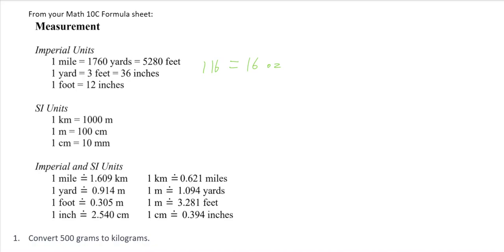And then pounds to kilograms, so this would be down here. So I think we should go the other way around. So 1 kilogram equals 2.2 pounds.